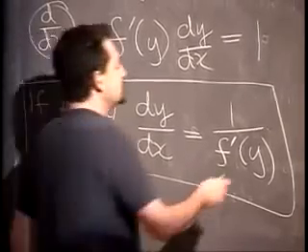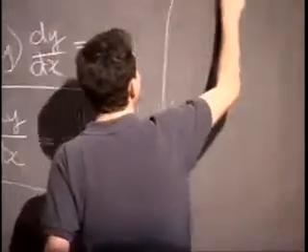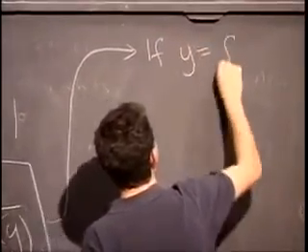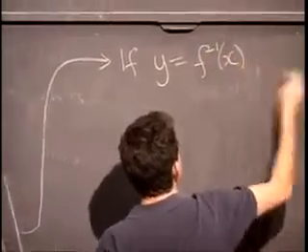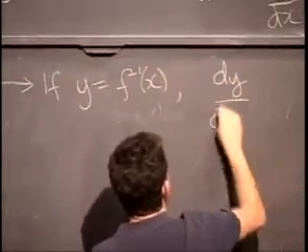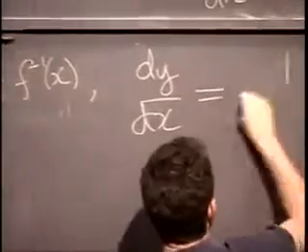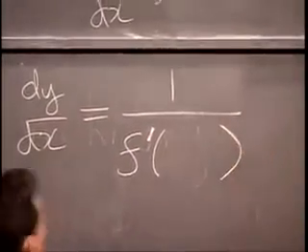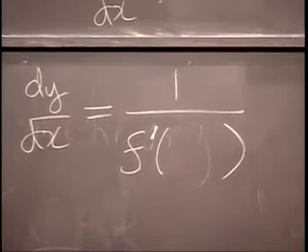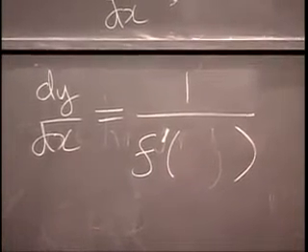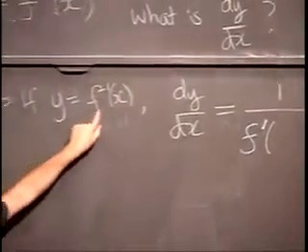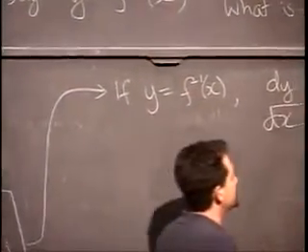In fact, to show you what the full formula is like, let's repeat: if y is f inverse of x, dy dx equals 1 over f prime of y. But here's the y down there. What is y? y is f inverse of x.